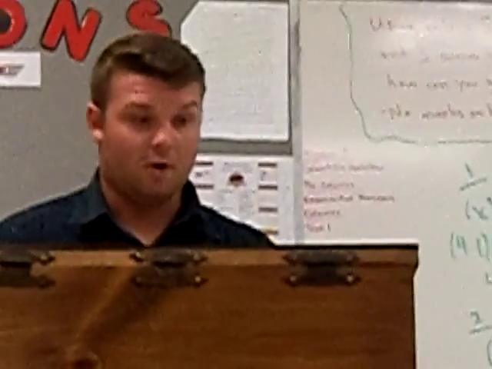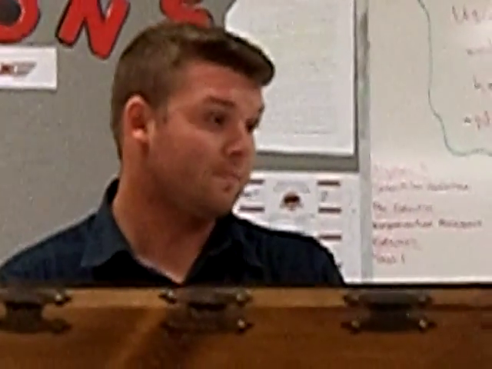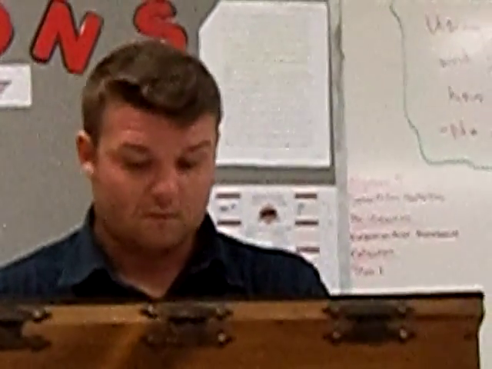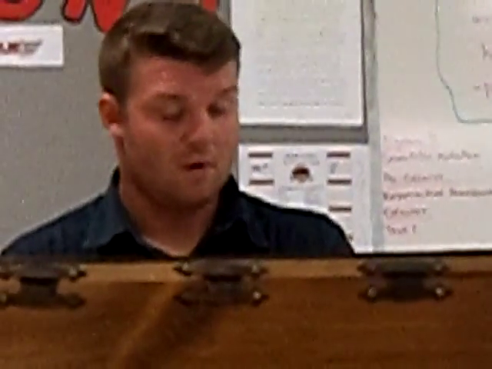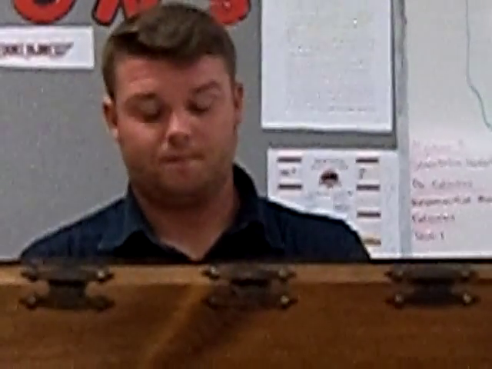I don't care if you have to circle it in your book, do whatever you have to do. 3 through 6, 9, 12, 13, 16, 18, 20, 22, 26, 29, 33, 37, and 39. It's right there on the board too.